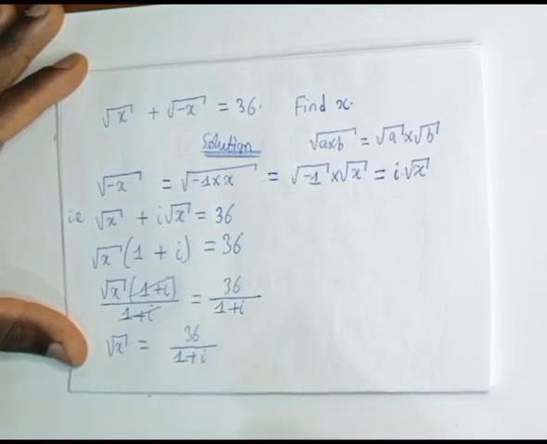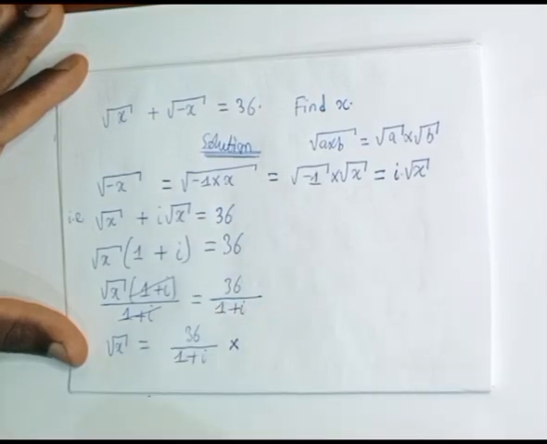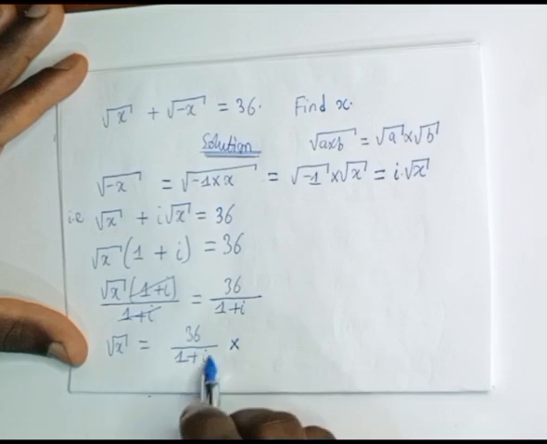Next, what we are going to do is rationalize this denominator by eliminating the complex number. We are going to rationalize this fraction by eliminating the imaginary part, and for us to do this, we are going to multiply both the numerator and the denominator by the conjugate of what we have at the denominator.